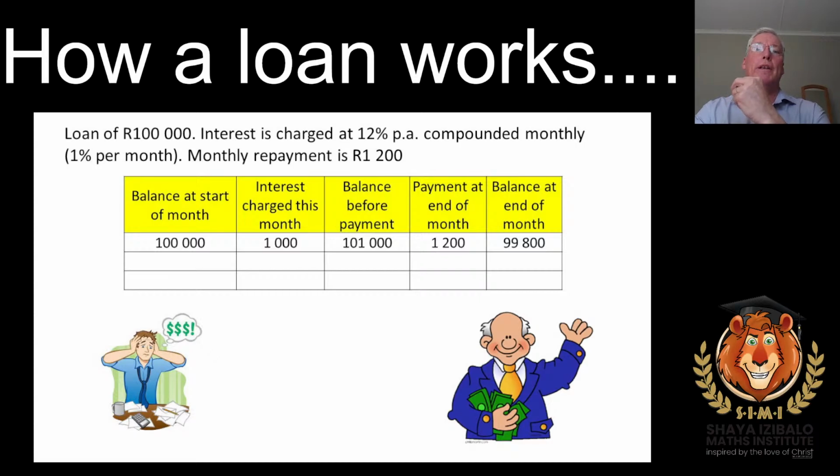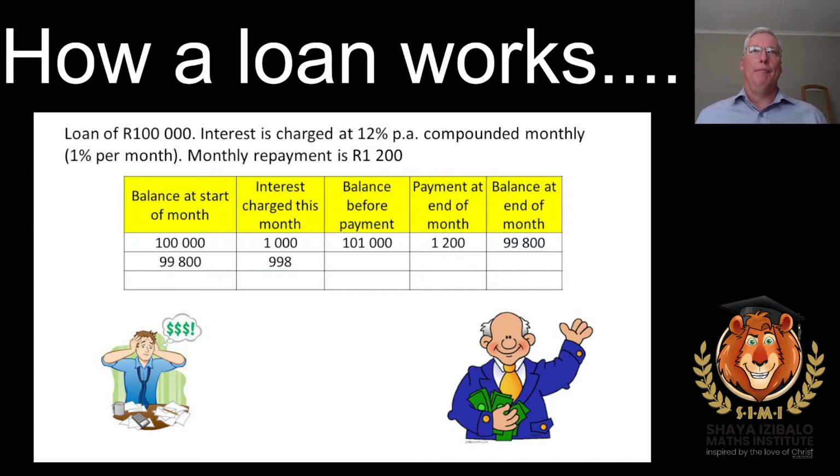That's the end of that month, and obviously the start of the next month. The good news for John is that when the banker now calculates the interest, 1%, he doesn't calculate it on the original amount. He calculates the 1% on what is still owing. So his interest has actually come down from 1,000 Rand to 998 Rand.